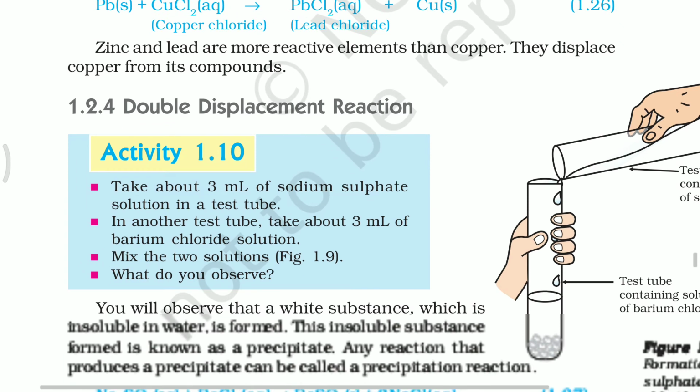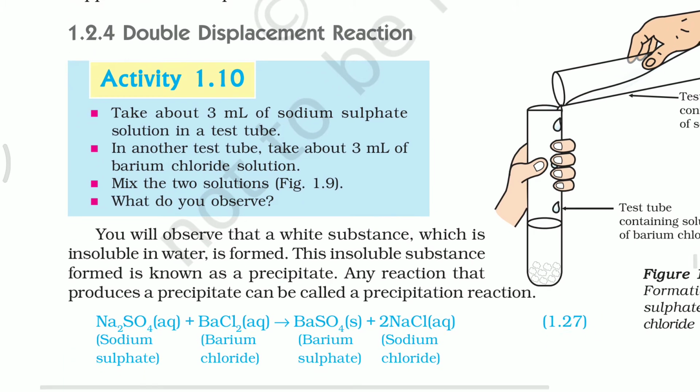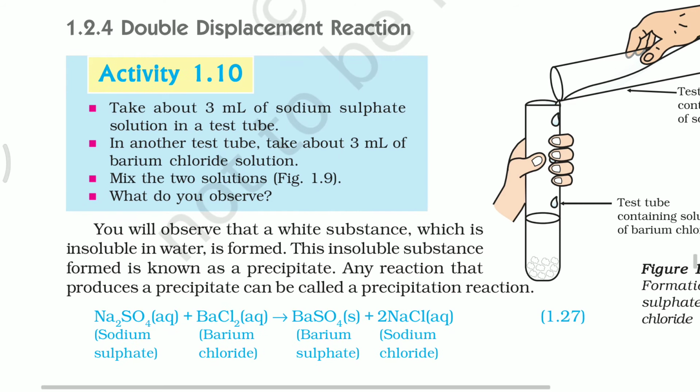Double displacement reactions. We already discussed that exchange of ions takes place in these reactions. When two compounds react with each other, they exchange their ions. For example, sodium sulfate when reacting with barium chloride gives rise to barium sulfate and sodium chloride. So here the ions are exchanged.